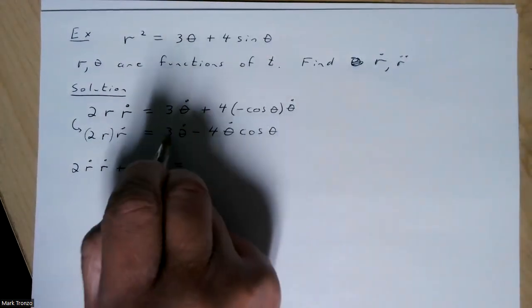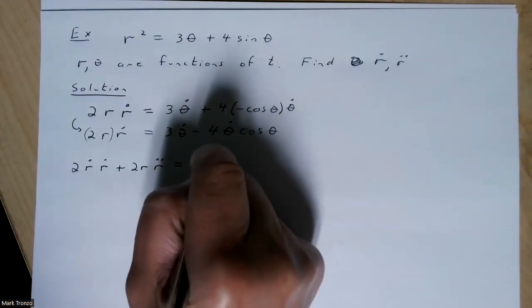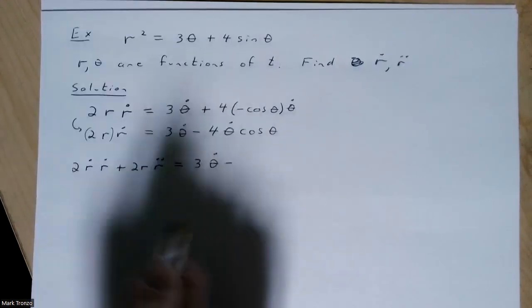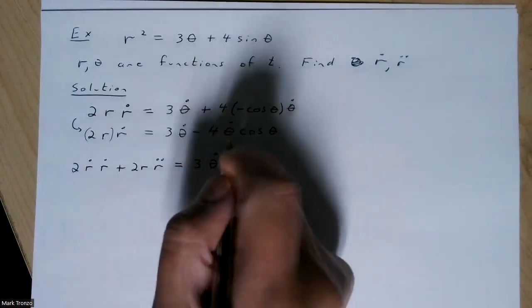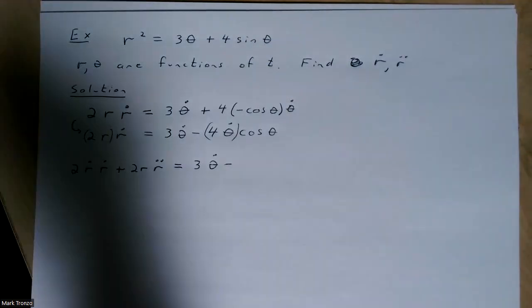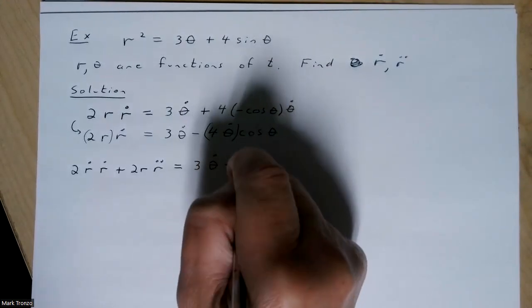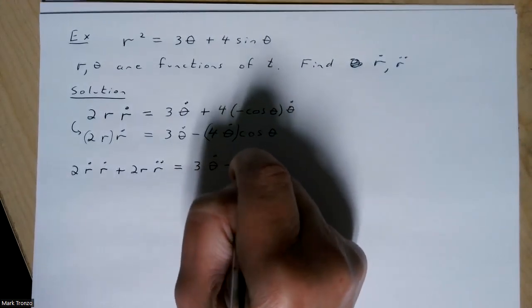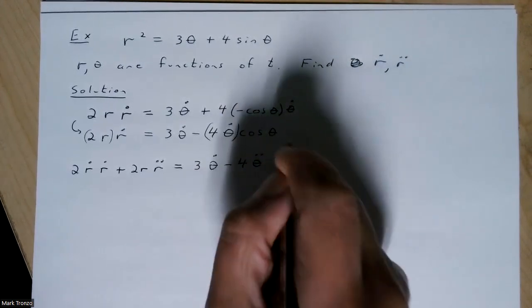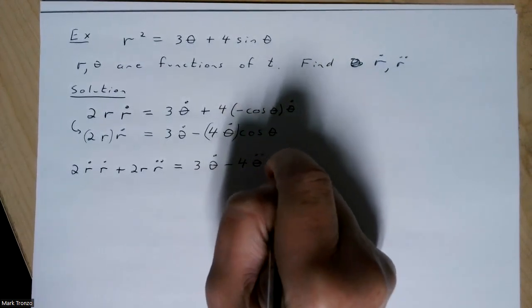Then on the right-hand side, this is going to be 3 theta dot. Then once again, over here, we have a product. So we'll consider that this kind of being the product. So derivative of the first, which would be 4 theta double dot times the second.